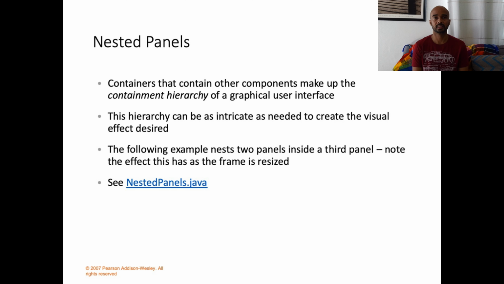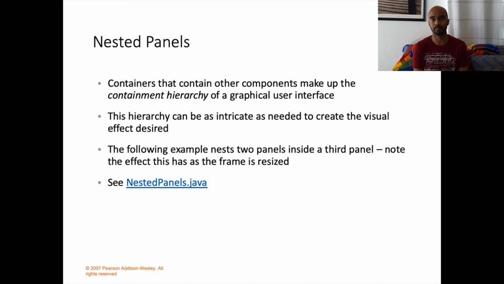Containers that contain other components make up this hierarchy of objects. Imagine you have a top layer being a JFrame, and then the JFrame containing a panel which contains other panels or other components. So it creates this hierarchical structure.